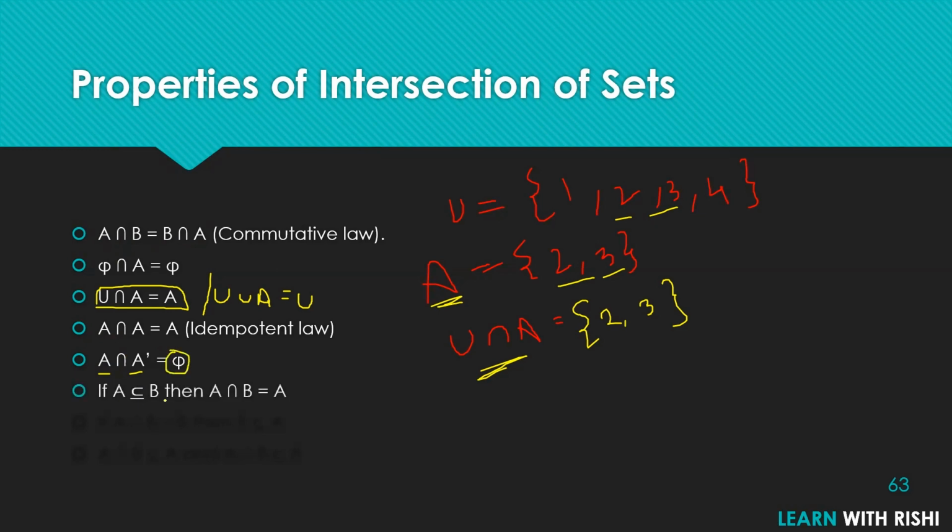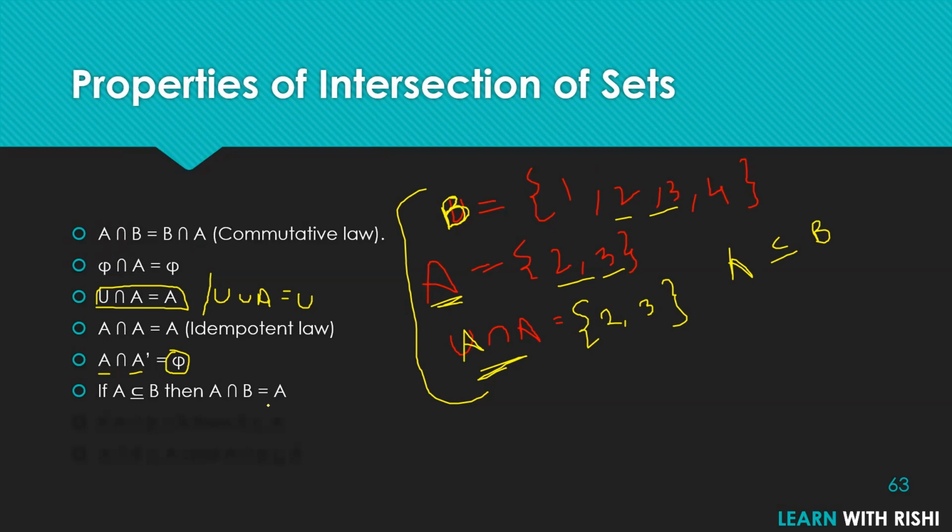If A is a subset of B, then A intersection B is equal to A. Let us take the same example here. A is a subset of B. Let us see, this is a set B. B is equal to 1, 2, 3, 4 and A is equal to 2, 3. So from this we can write A is a subset of B because every element in A is present in B. Then A intersection B, what is A intersection B? 2, 3.